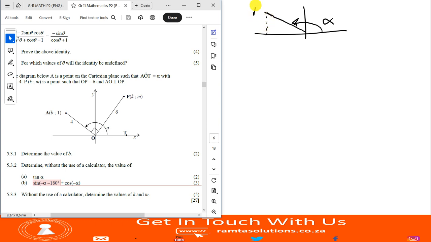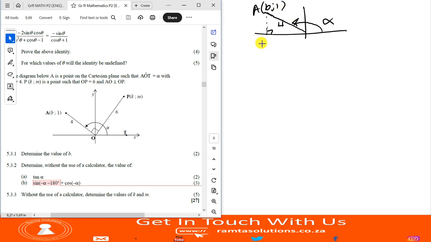This was A with b and 1, and this guy was 4 units, right? So when you're looking for tan alpha, your expectation is that alpha is an obtuse angle, and tangent at this point is negative, right?